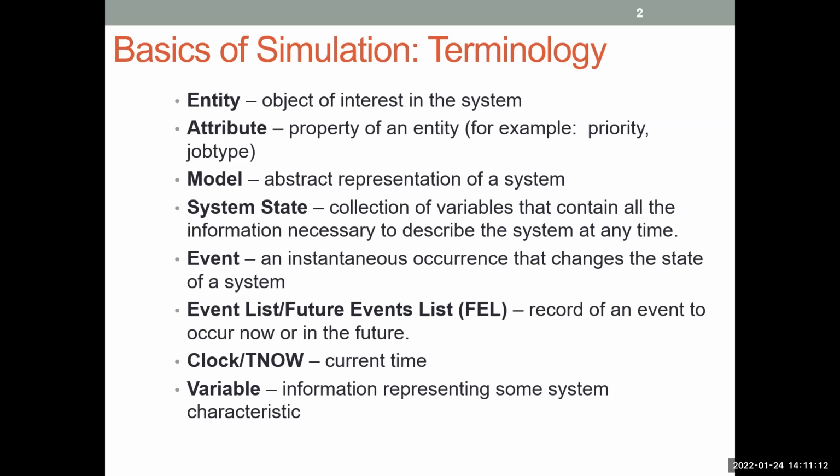This entity can have multiple properties. An attribute is something that is not going to change. Once you assign that property, unless there's a specific event that you are marking to change that property, if you don't have that event happening in the system, that attribute is never going to change.